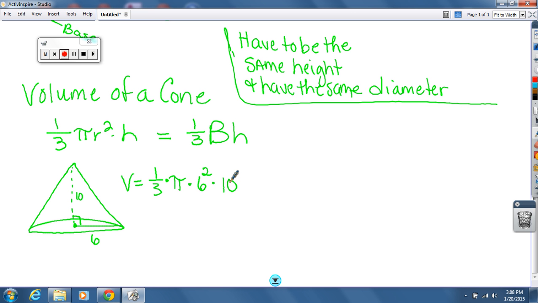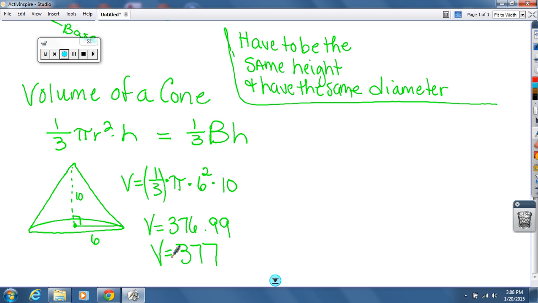You can do this any number of ways. You can put the whole thing in your calculator, as long as you put this in parentheses, in one big long line. So that's what I'm going to do: 1/3 times pi times 36 times 10. And you get that the volume of this cone is 376.99, so I'm going to round it to 377. Okay? So that is a cone.